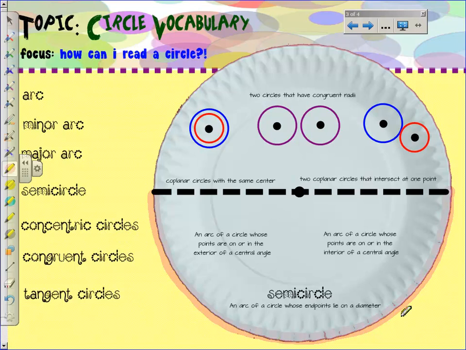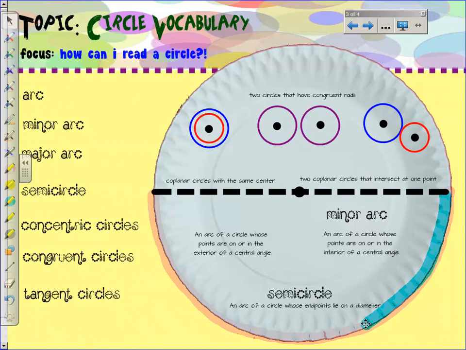We have another type of arc, and we call that arc a minor arc if it is less than 180 degrees. So if we have an arc like this blue arc, it is a minor arc, an arc whose points are on or in the interior of a central angle.